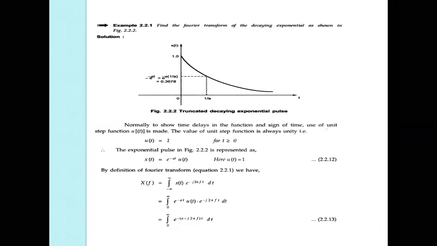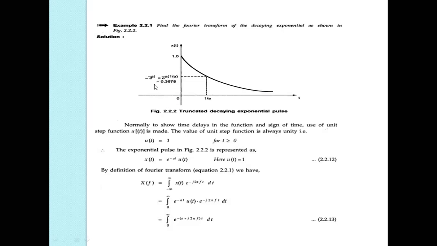See here, they are showing a truncated decaying exponential pulse. At this place there is e power minus at. E power minus at, at t equal to 1 by a, is e power minus 1, which is 0.3678.